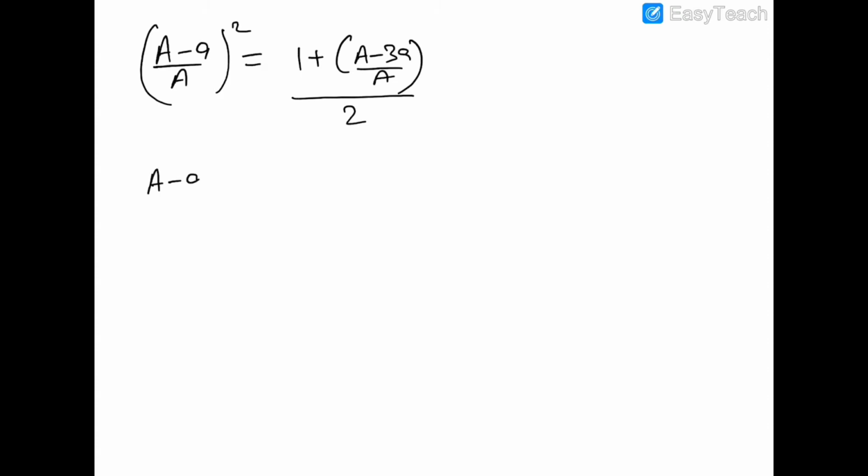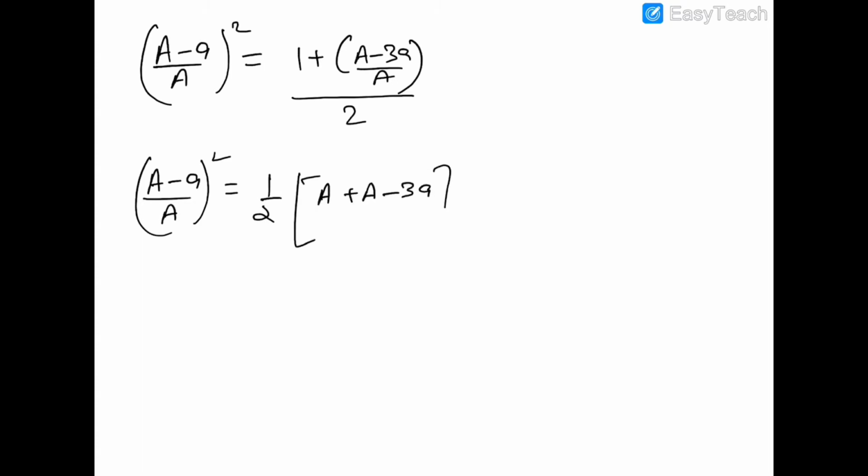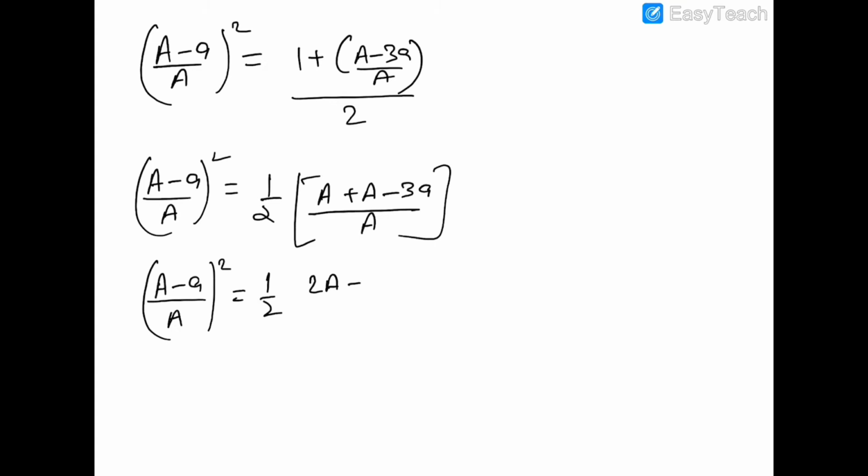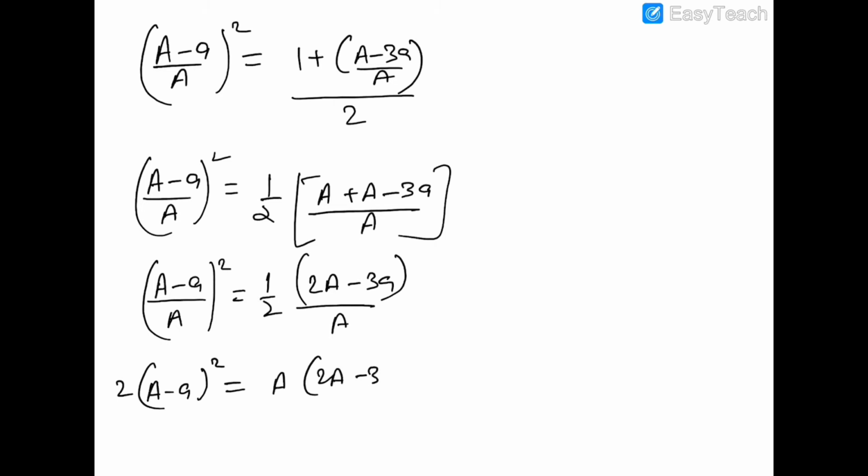So A minus a by A whole square is equal to 1 by 2, and this is A plus A minus 3a by A. So A minus a by A whole square is equal to 1 by 2, 2A minus 3a divided by A. So A minus a whole square into 2 is equal to A into 2A minus 3a.